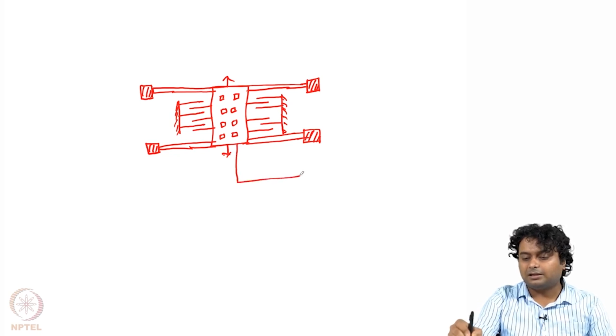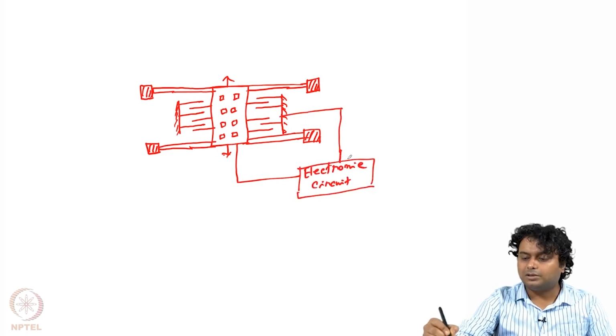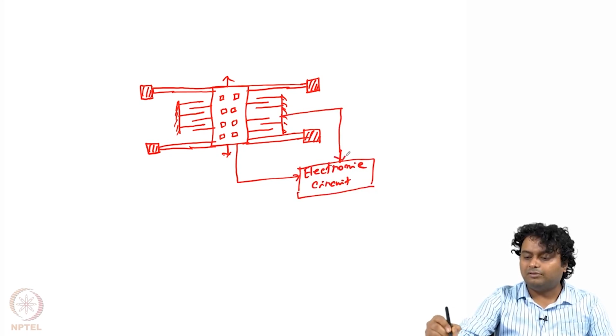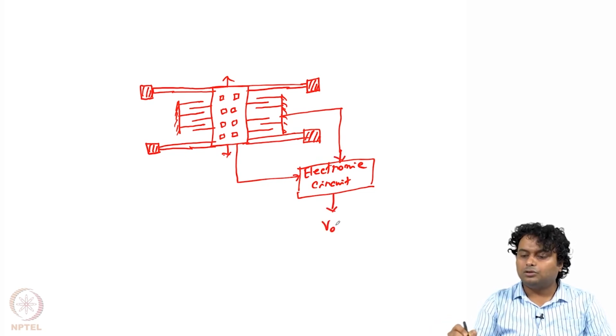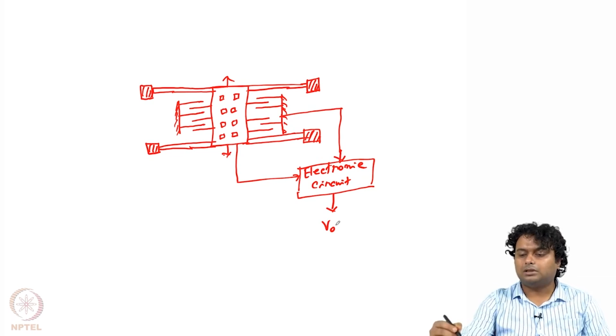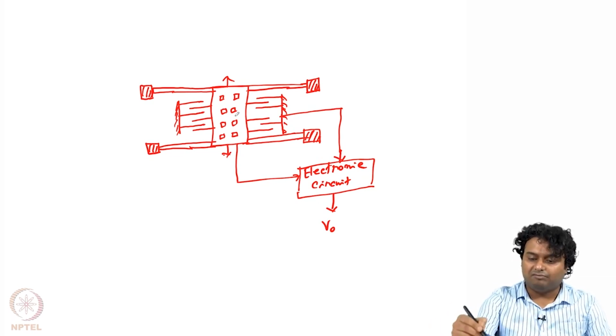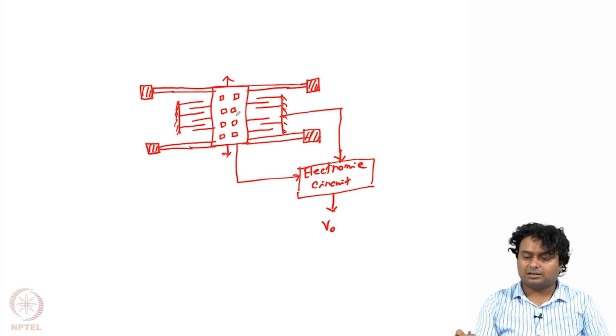This will be connected to an electronic circuit that will give an output voltage V0, which is related to the change in the capacitance, which in turn is related to the deflection or the acceleration. Accordingly we can measure the acceleration using this kind of accelerometer.